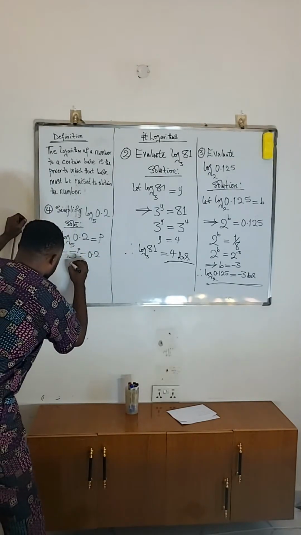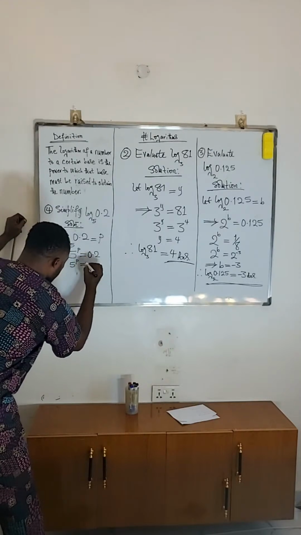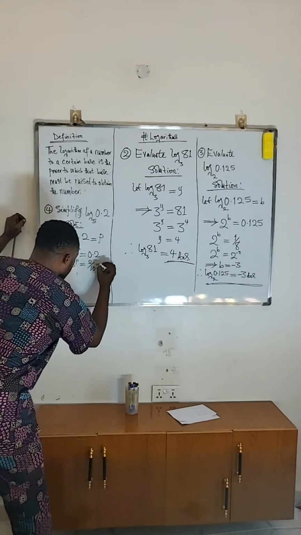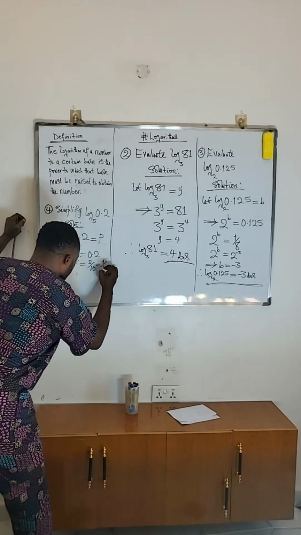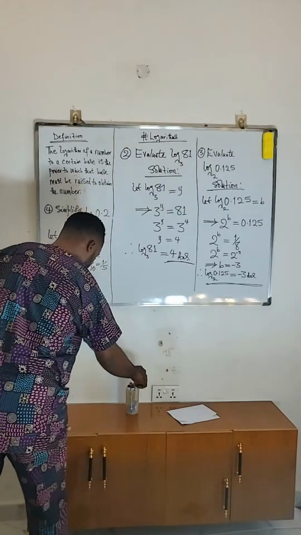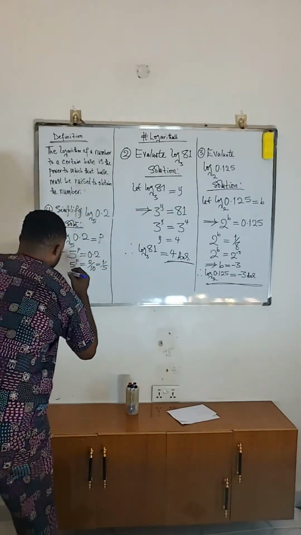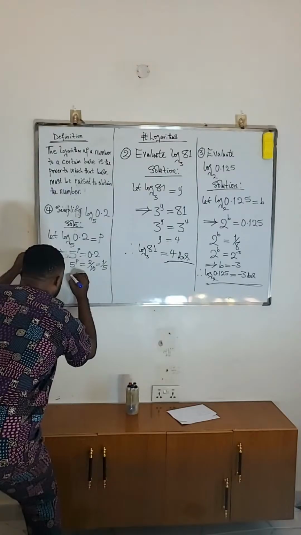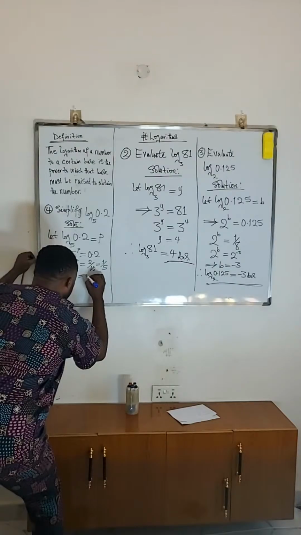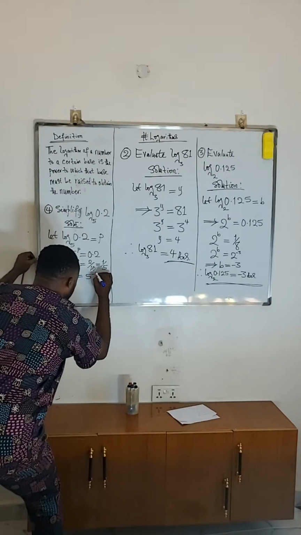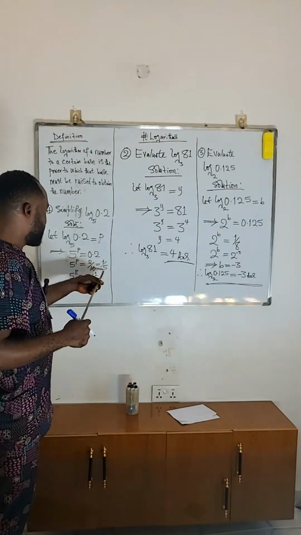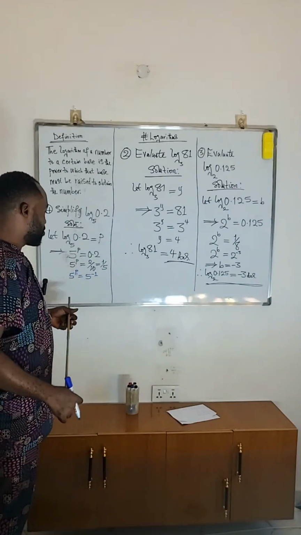And again, 0.2 is the same thing as 2/10, which is the same thing as 1/5. If that is true, then 5 raised to the power of P equals 5 raised to the power of minus 1, because 1 over 5 is the same thing as 5 raised to the power of minus 1.